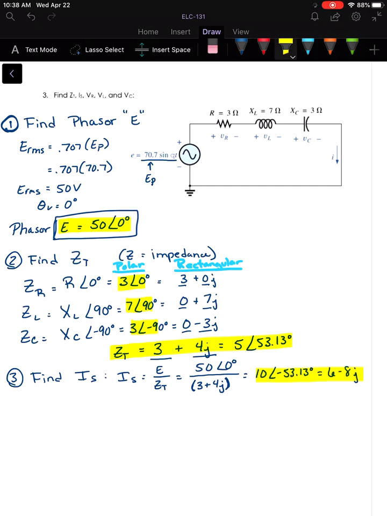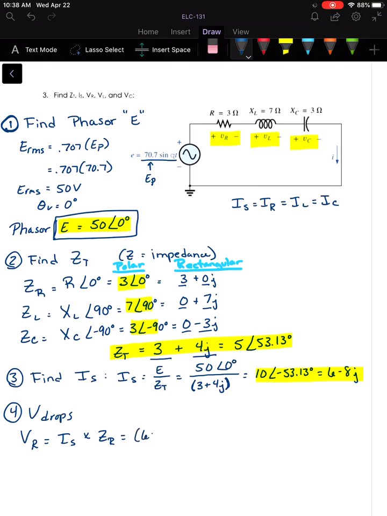Now, finding I sub S will allow us to find our voltage drops. Remember, in series, the current is the same through each of the elements. So I sub S equals the current through the resistor, equals the current through the inductor, and equals the current through the capacitor. If I'm looking for my voltage drops, my VR would be that source current times the impedance of that resistor.